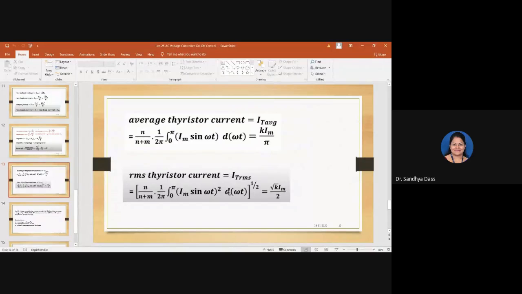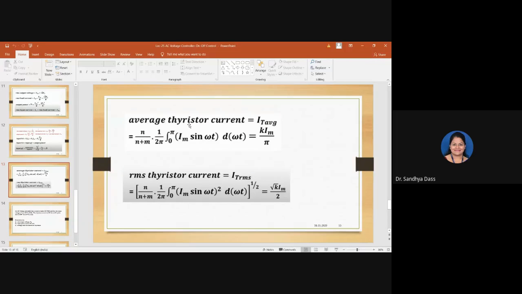The final average thyristor current, that is, when the thyristor is in conduction mode, the current flowing through the thyristor can be represented as IT average. Observe here, each thyristor will be conducting for half a cycle, from 0 to pi. So observe the limits there.